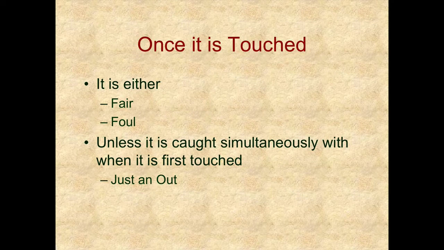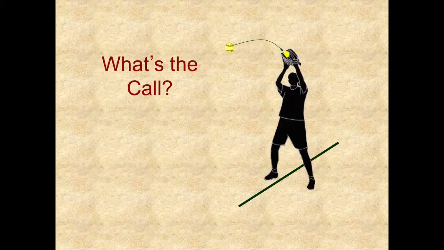Once it is touched, it is either fair or foul unless it is caught simultaneously with the first touch. In that case, it is just an out, because a caught fly ball has no fair or foul status either.